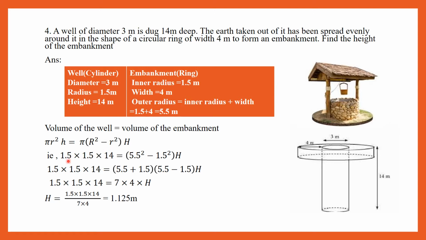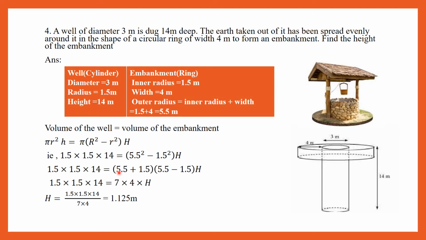Substituting the values, we can see 1.5 square into 14 is equal to 5.5 square minus 1.5 square into h, by cancelling pi from both sides. We can apply the a square minus b square identity, which is equal to a plus b into a minus b, on the right hand side.